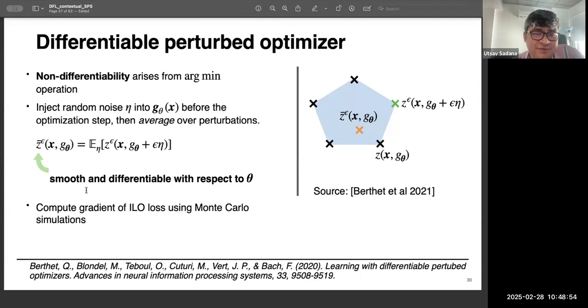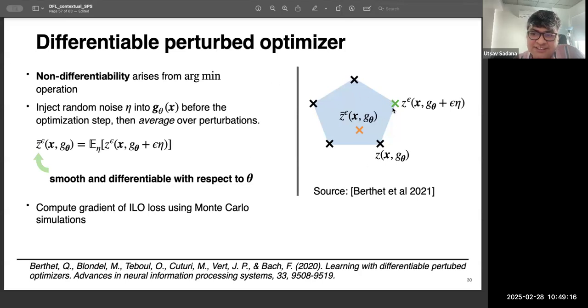What they do here in this paper is very smart. They inject some noise into g theta. For every noise that you inject, your decision will keep moving on this polyhedron, right? For every noise level eta, you will move in this polyhedron.